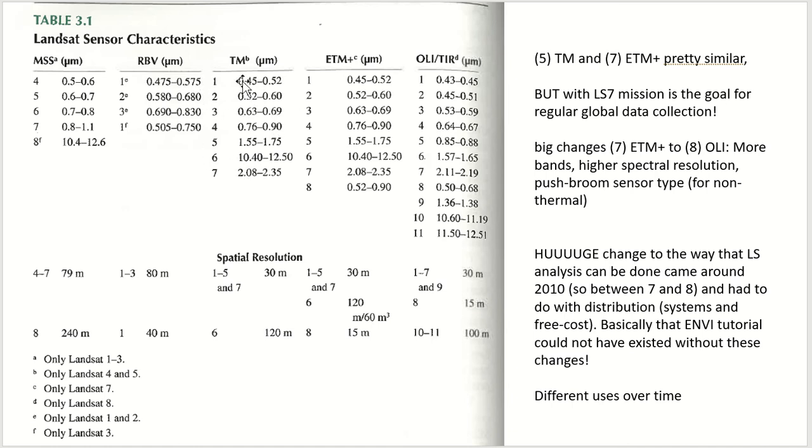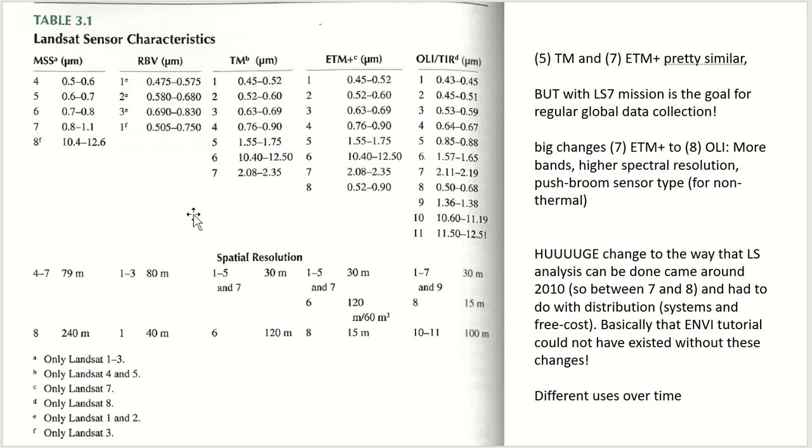So one of the areas was additional bands. Of these 7 bands, 6 of them, 1, 2, 3, 4, 5, and 7, are multispectral. So visible, 1 through 3, near infrared, 4, or shortwave, 5 and 7.